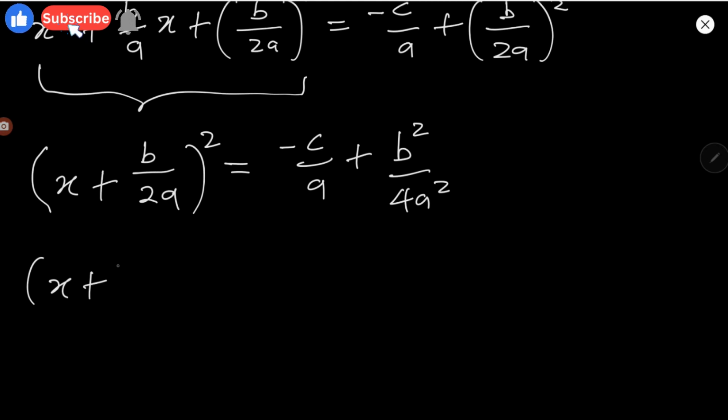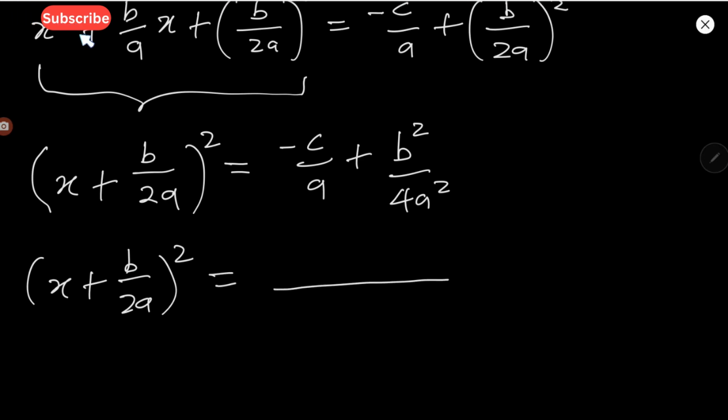So we have x plus b over 2a squared is equal to, so we're going to make this a single fraction. So the common denominator is 4a squared, since a can go into a squared. A into 4a squared, that's 4a. 4a times minus c, we're going to have minus 4ac.